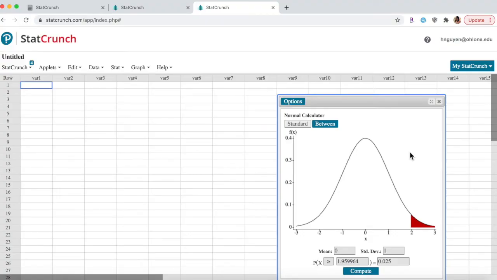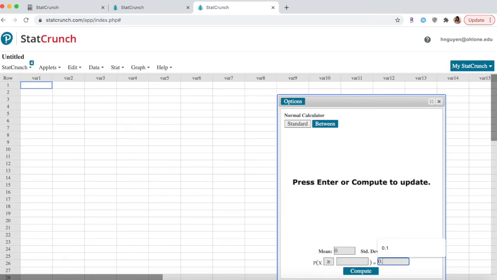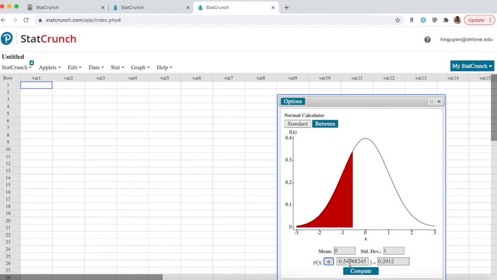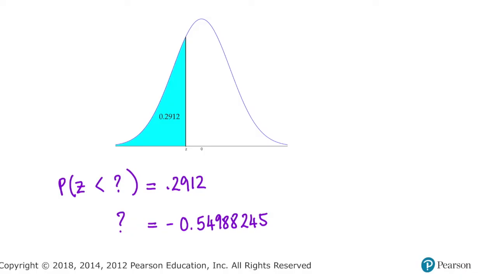Similar to the previous question, we want to find the number in this box, and we have the probability of 0.2912, and I want to change the inequality to less than, and this is my answer. So I got negative 0.549888245, and there was no instruction, so I'm going to round this z-score to 2 decimal places, negative 0.55.